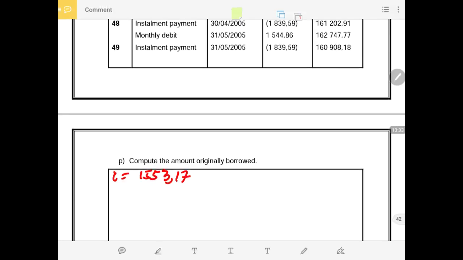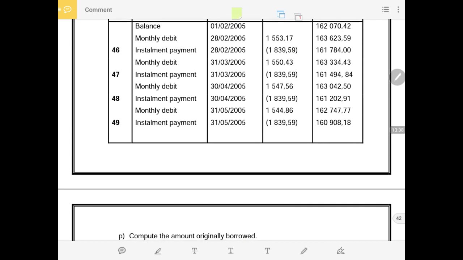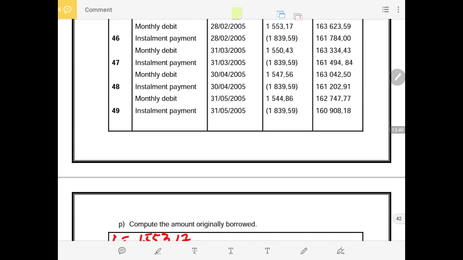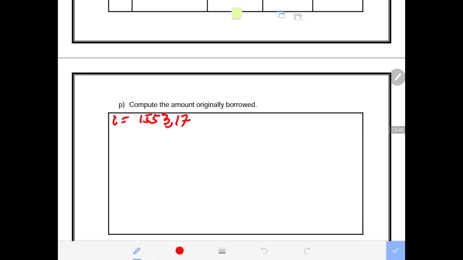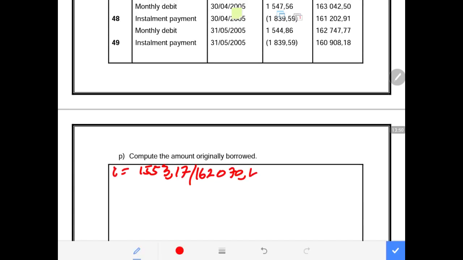1,553.17. Just verify that was the 17th. Yes, remember you can take any of the interest, any of the months. 162 divided by 162,070.42. Then whatever answer we get here, we need to multiply this by 12.